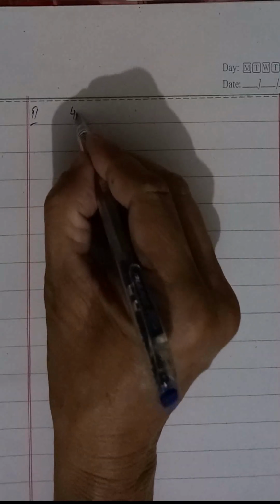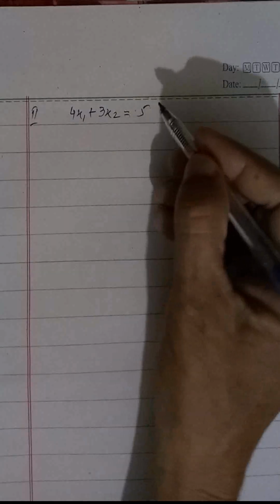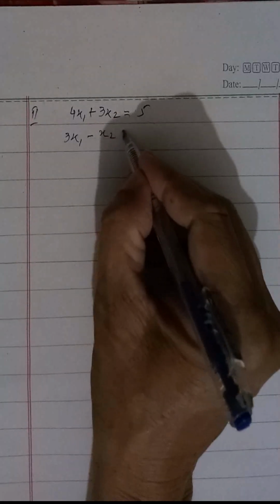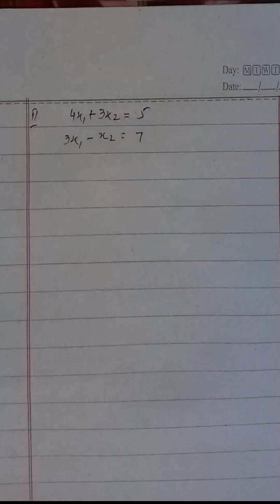Now we solve part 2, in which the linear equations are 4x1 plus 3x2 is equal to 5, and the second is 3x1 minus x2 is equal to 17.